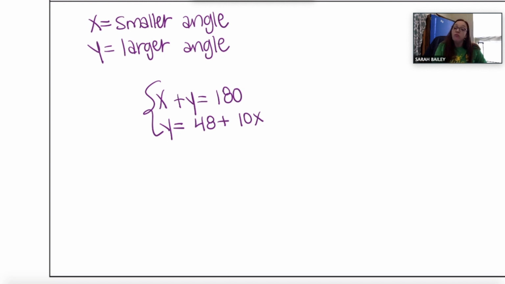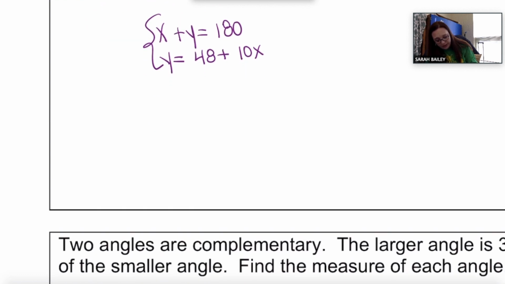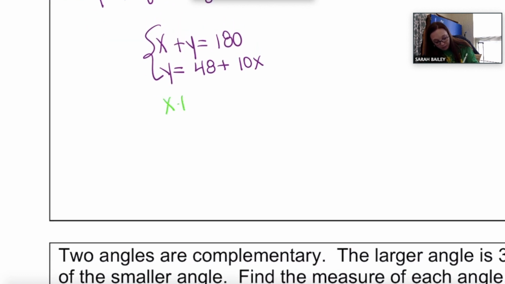Again, I would solve this system using substitution. The second equation has already been solved for y. So when I do that, I'm going to write x plus, and instead of y, I'm going to write what y equals. So that's going to be x plus 48 plus 10x equals 180. And just to give you an idea, that 48 plus 10x is being substituted in place of y there.